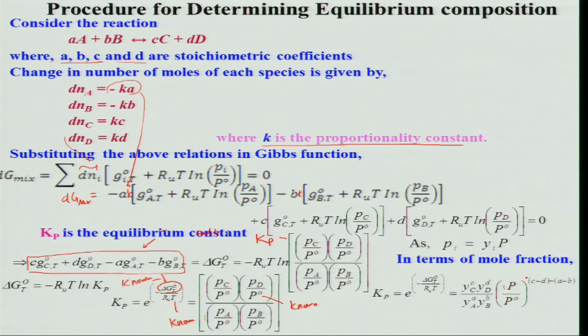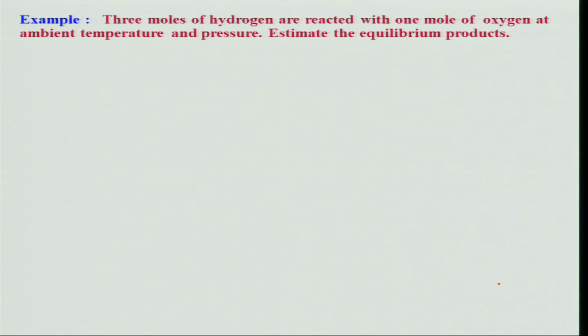However, sometimes we will be looking at a higher or lower pressure than P naught. So I have kept this for generality, but in some books you may find it is not there.